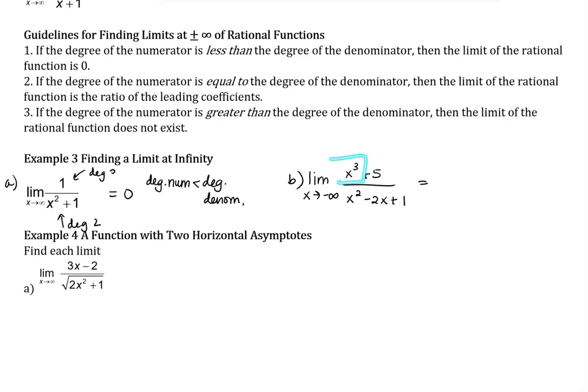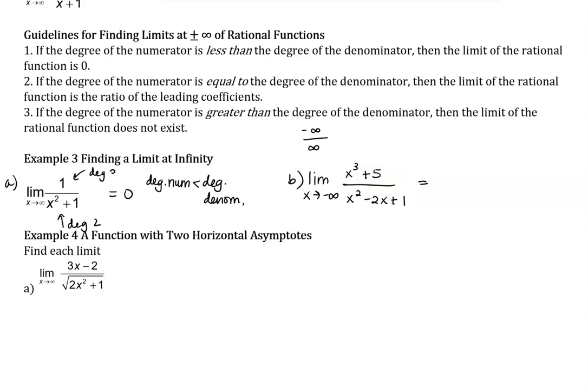The numerator would go to negative infinity because as x gets very small, on x cubed the graph goes to negative infinity. And the denominator would go to positive infinity because as x gets very small on x squared, the graph shoots up to positive infinity. Notice that I'm really only paying attention to what these first terms are doing because these terms are going to take over. At the end of the day, these other terms aren't truly going to matter as much.